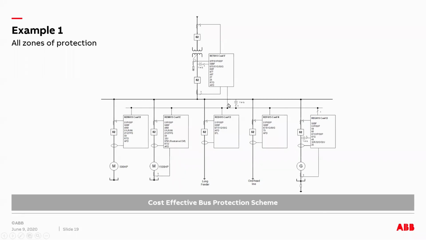And thus we can achieve a very selective protection for bus protection application with the same devices we have, without having any additional set of CTs or an additional set of relays, as we have seen in the earlier case. So with this arrangement, we can have a very fast bus protection scheme without having additional hardware. So this adds to the cost efficiency of the switchgear.